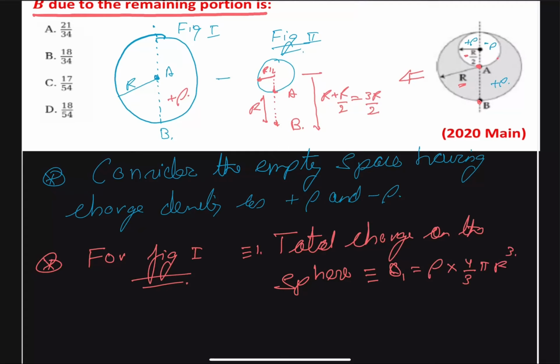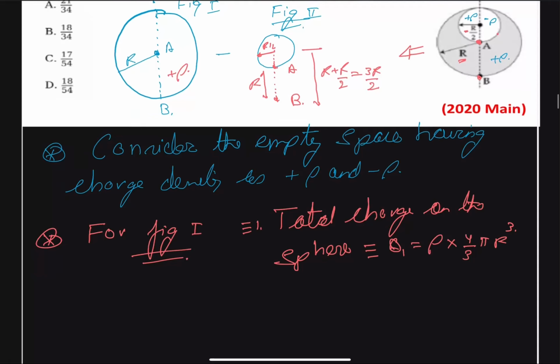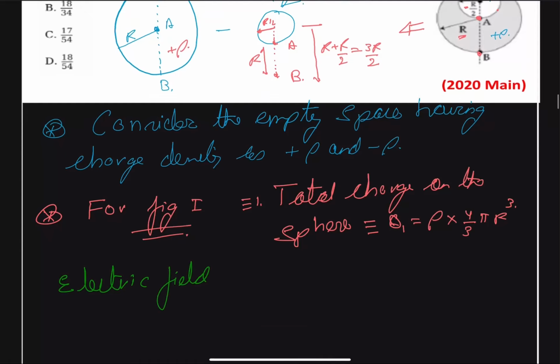and electric field at point A and electric field at point B. So from figure 1, we can say electric field at point A, okay, let me solve for the other one also.